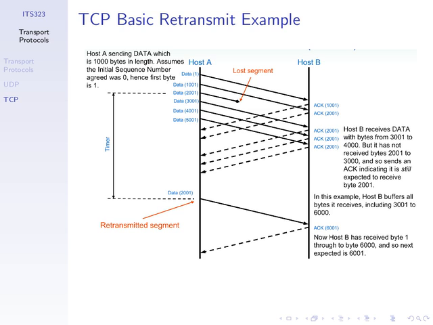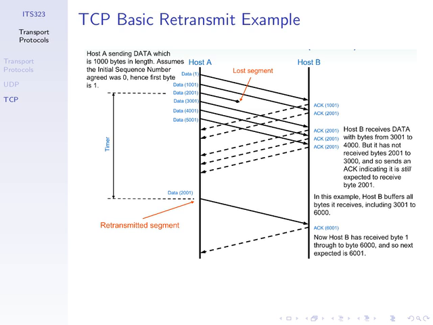Then it receives sometime later an ACK saying B is still expecting to receive 2001. So from A's perspective, bytes 1 up to 2000 have been successfully acknowledged at this point.